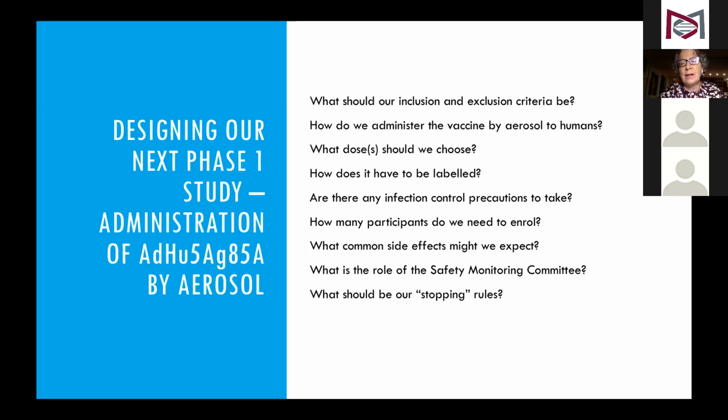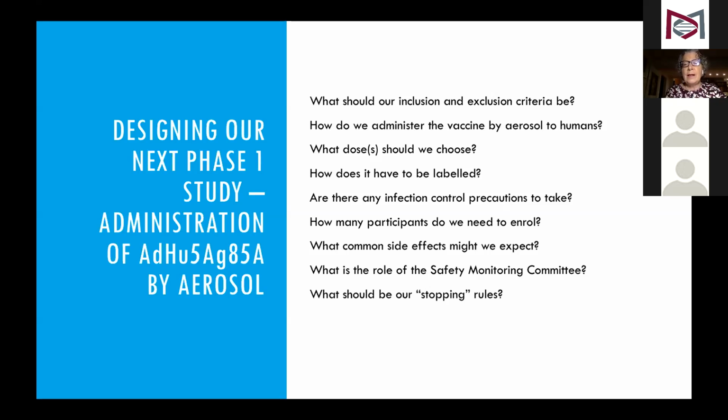So when you're designing these studies, it's good to remember that keeping on top of all the regulations is not only wise, but it's also very necessary in terms of what the implications could be if you did it wrong.